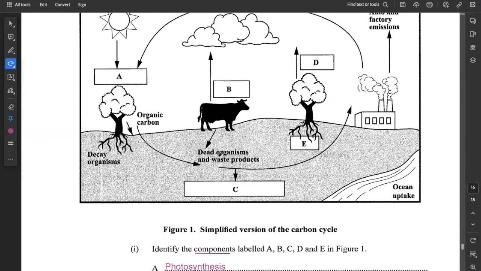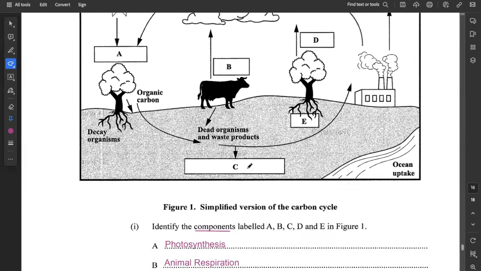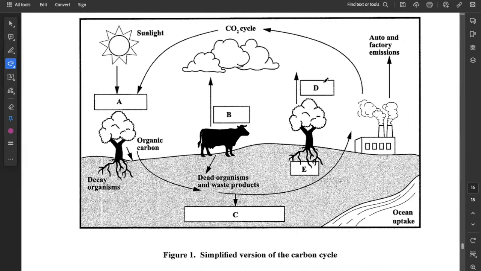And then C, now we have these dead organisms and waste products. It's going to form some fossils and fossil fuels down here, okay? So C represents fossils and fossil fuels being formed as a result of the decay of these dead organisms and waste products. So then let's look at D. D shows a plant respiring and giving back carbon dioxide into the atmosphere.